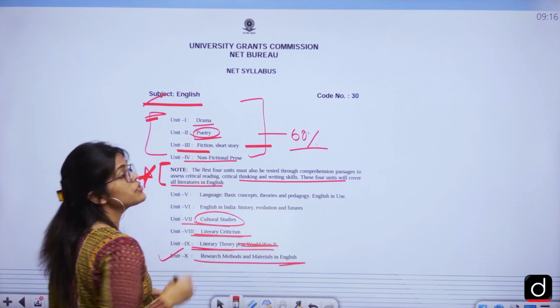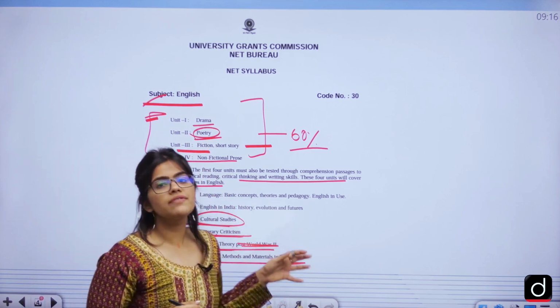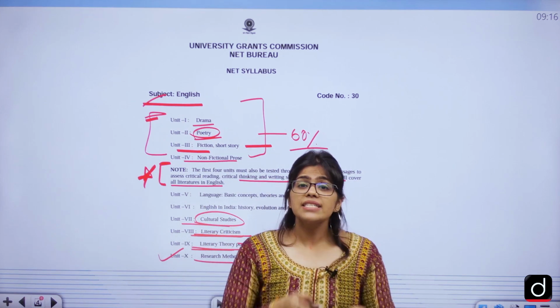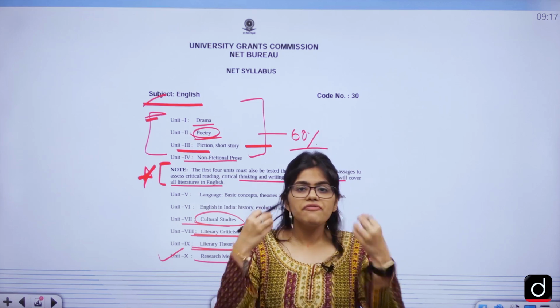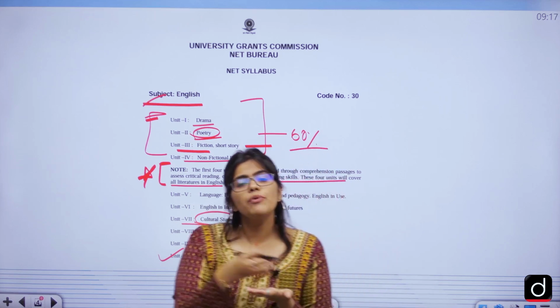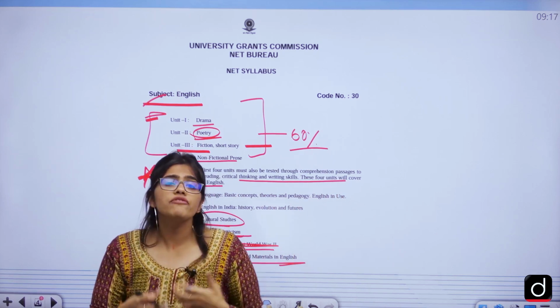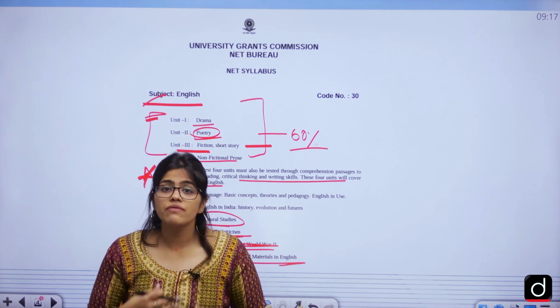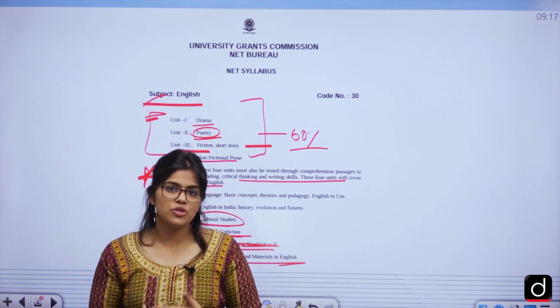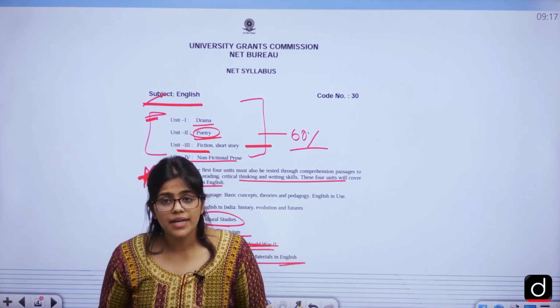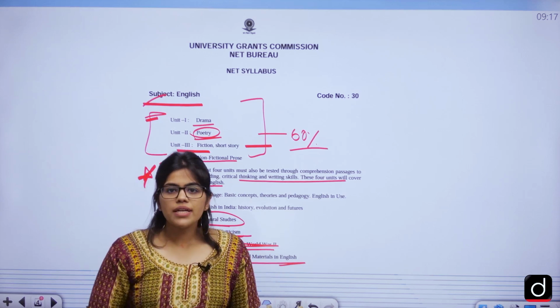Because you know that poetry is important. For a very long period of time, I have been seeing that UGC is asking poetry, and it is Philip Larkin. This is their favorite poet, and they keep on asking poetry from Philip Larkin. You get to know the heck of the exam once you keep on solving the questions, and past year question papers actually play a very important role in this kind of study, right? So you know that Philip Larkin is very important.